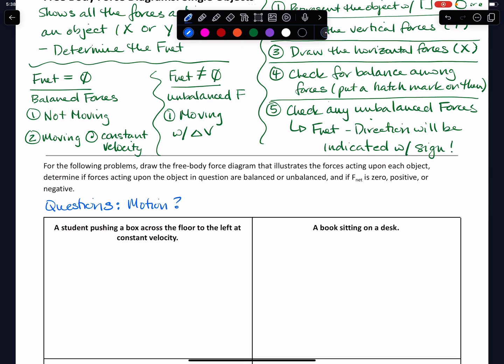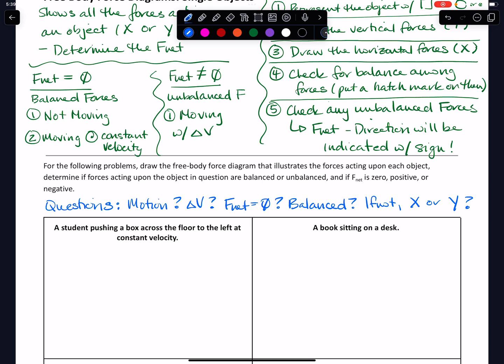After I ask myself that question, depending on the answer, I check and I say, okay, well, is the velocity changing? And then I say, is F net equal to 0? Are those forces balanced? And if not, where is the imbalance? Is it X or is it Y? It doesn't tend to be both.